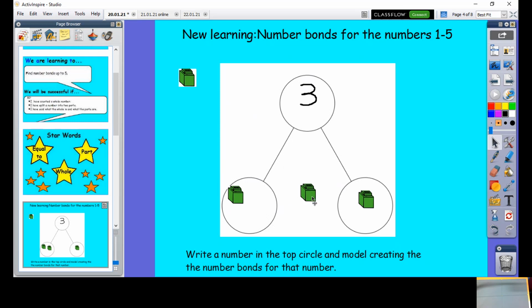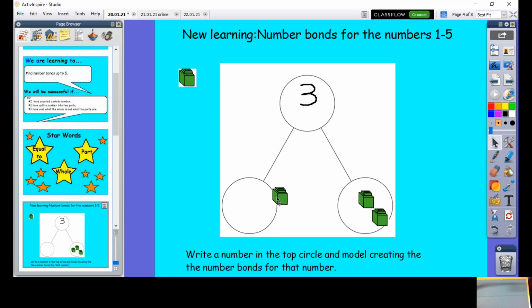Okay, I'm going to move this one over here. 1 and 2 makes 3. Okay, well, I'm going to move this one over here. 0 and 3 makes 3.